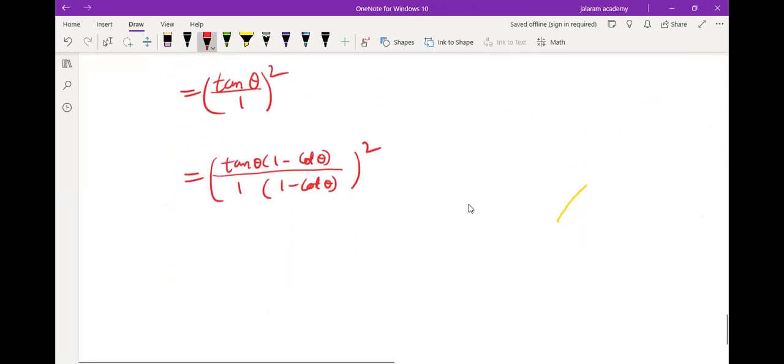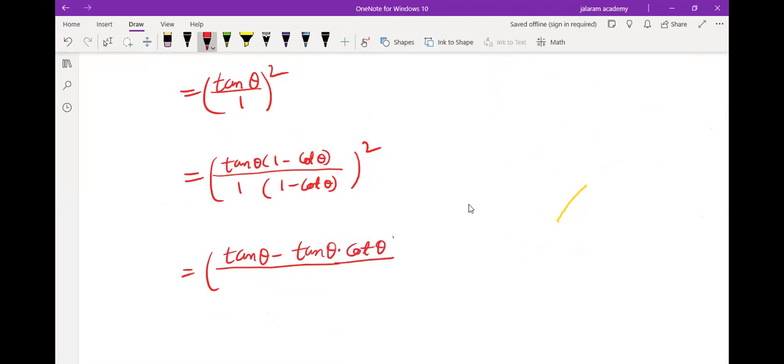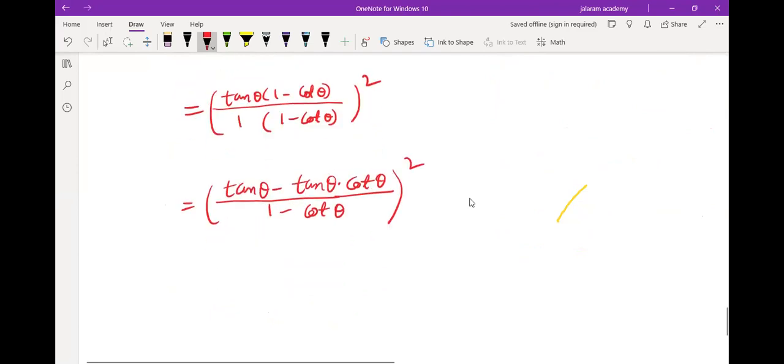Okay. So in the next line, tan theta into 1 in the numerator is tan theta minus tan theta into cot theta over 1 minus cot theta whole square.